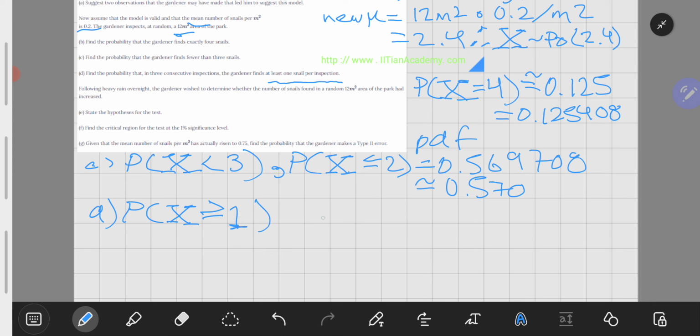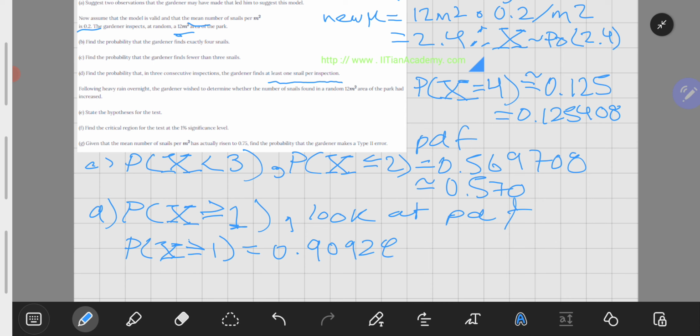When we look at our PDF, we find that our answer is 0.909282.